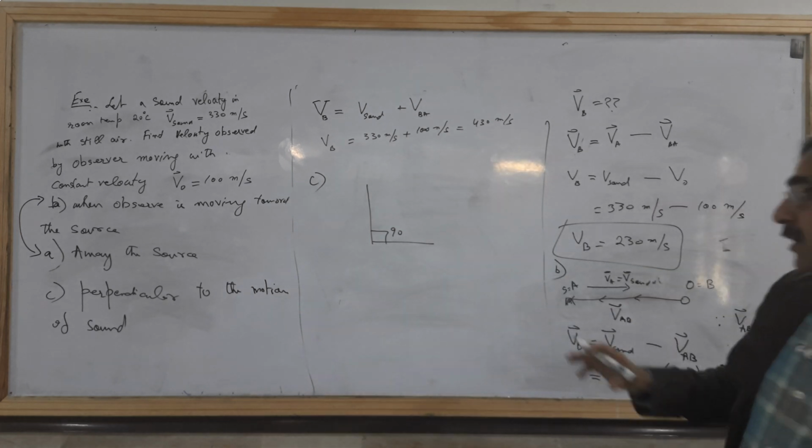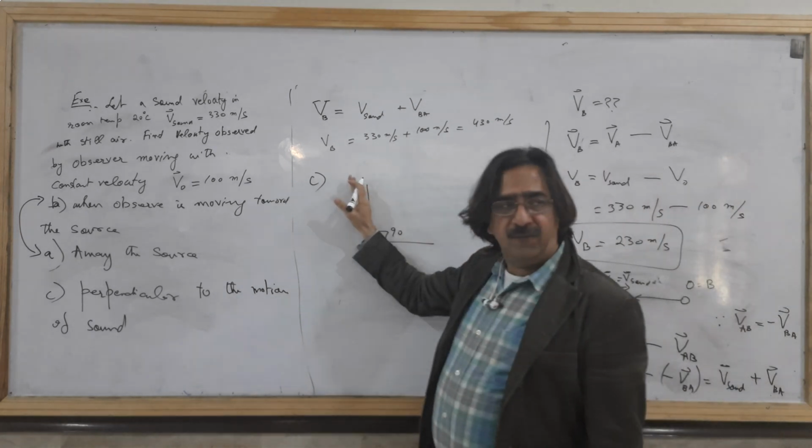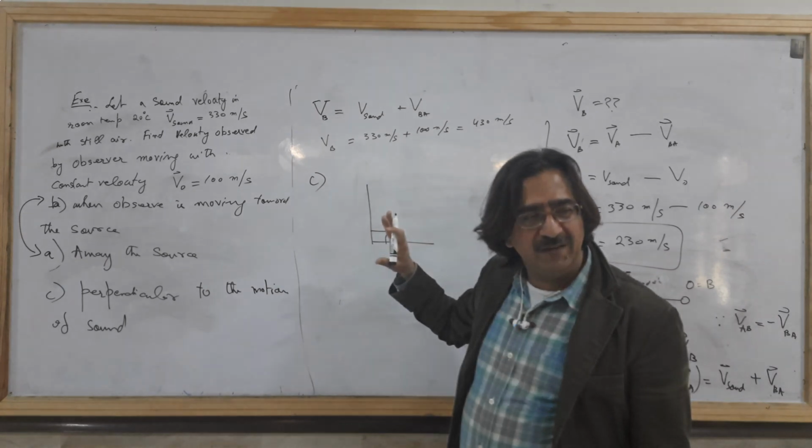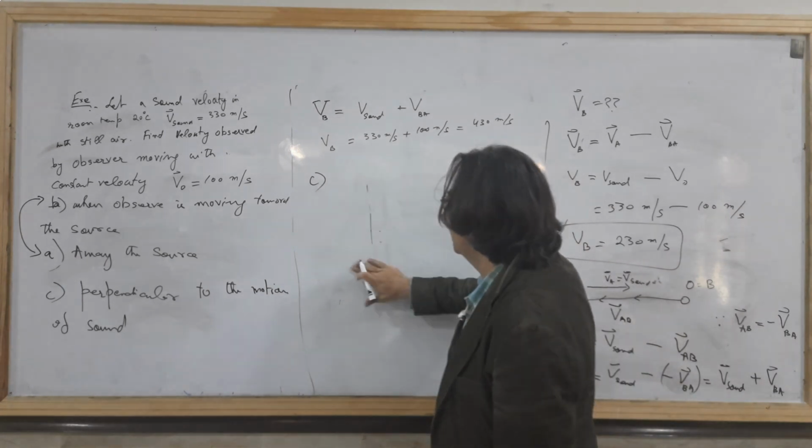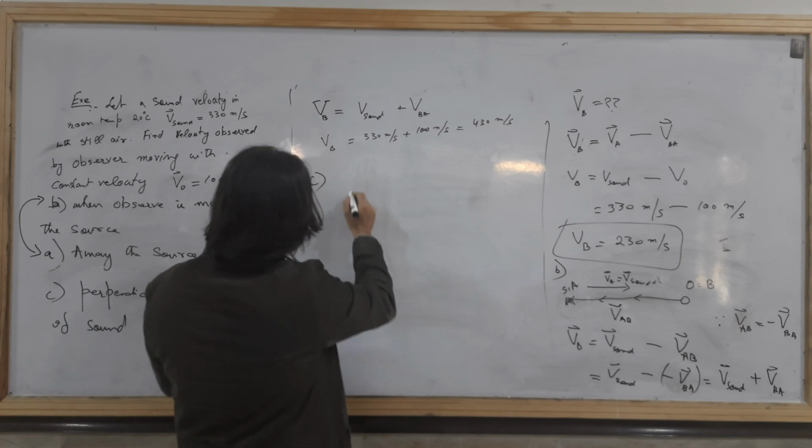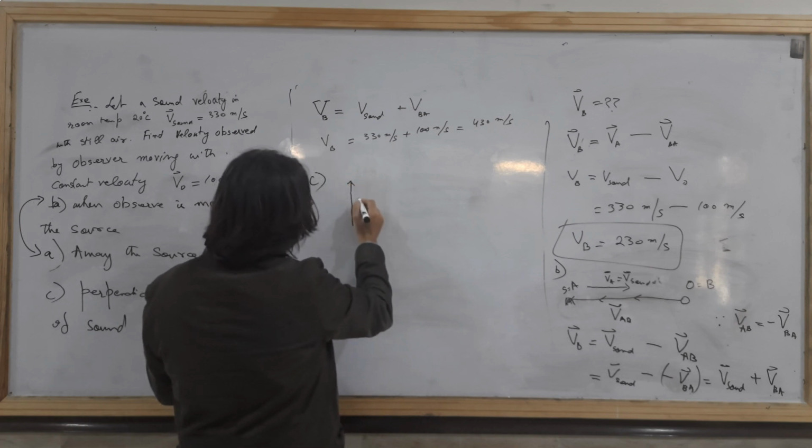So even if I take the velocity upward for the observer or for the sound, the meaning will be the same. For simplification, I am considering that the velocity of sound is upward.